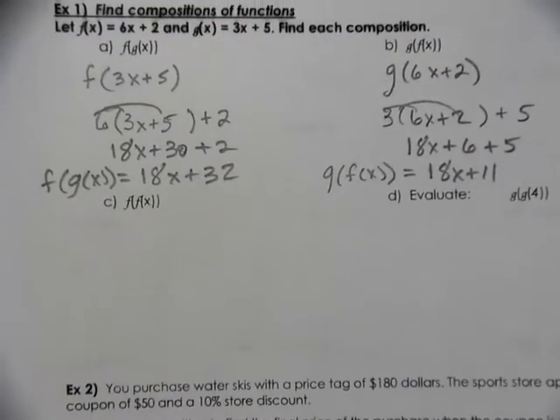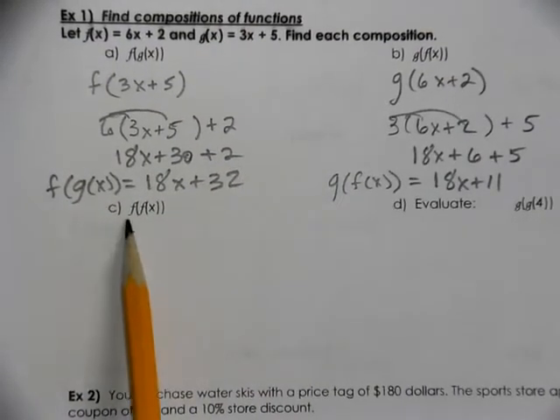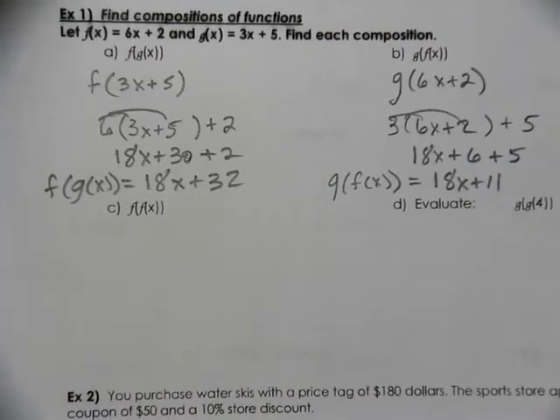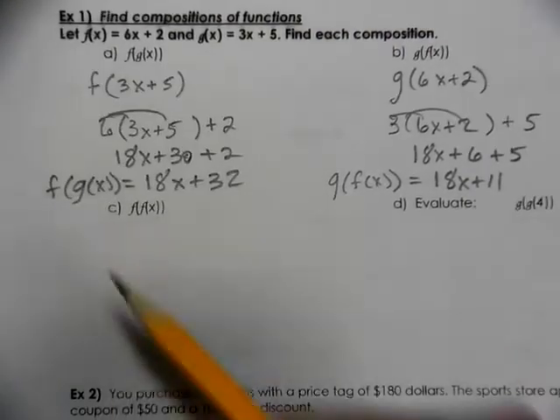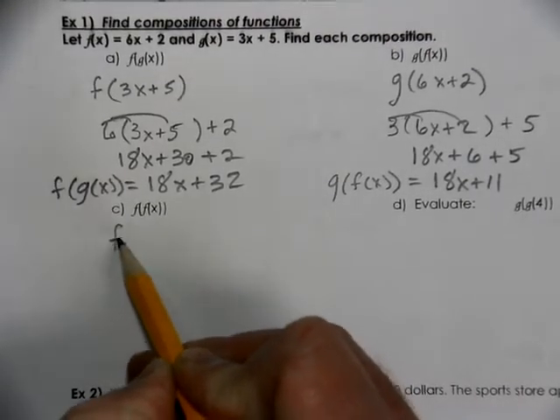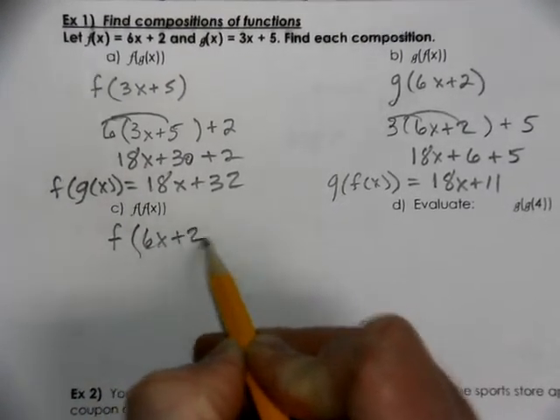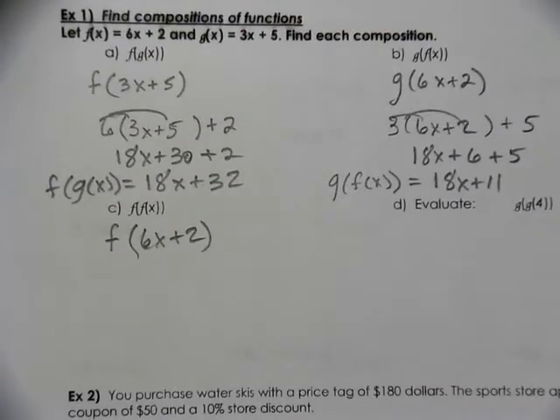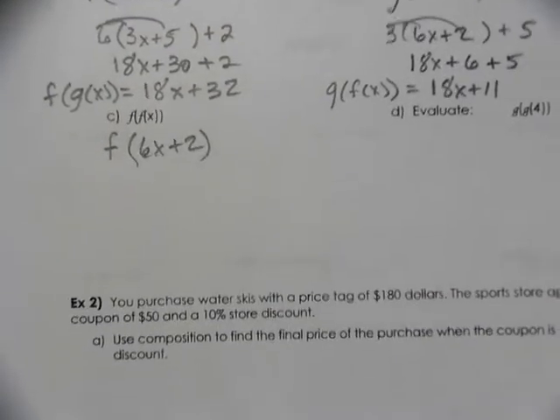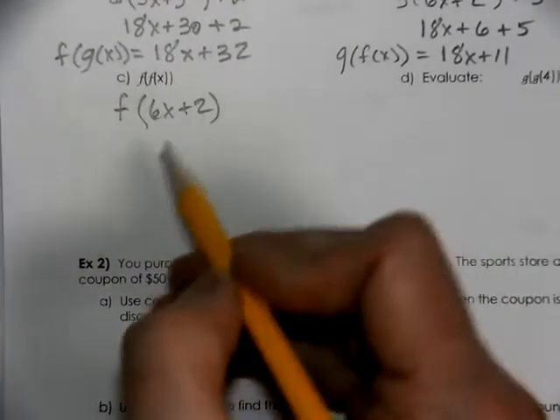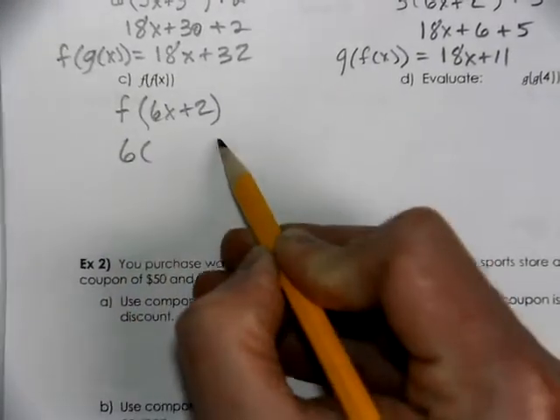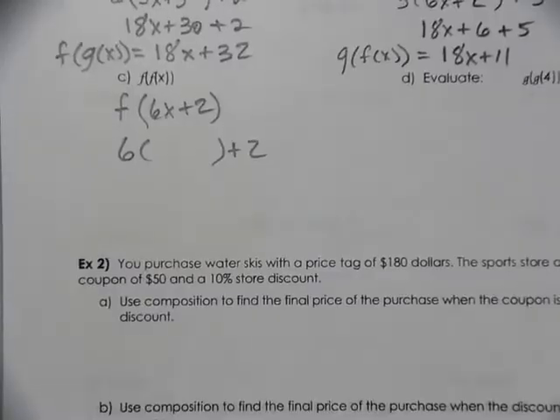We can get as creative as we want. We can even try f of f of x. So we're going to take our f function and plug 6x plus 2 in for every x value. So the f function is 6 times something plus 2.